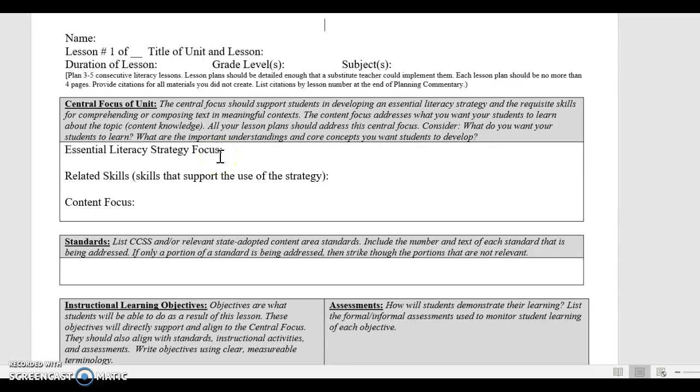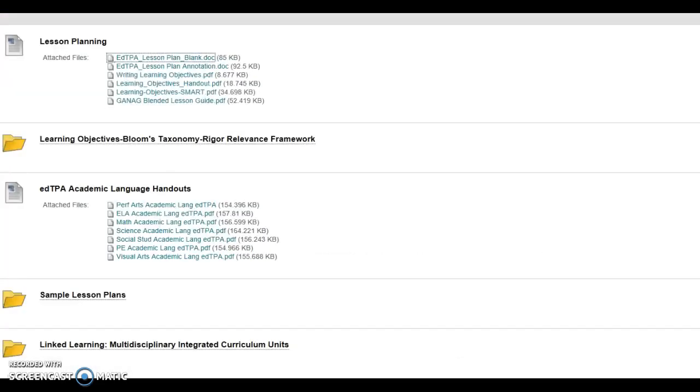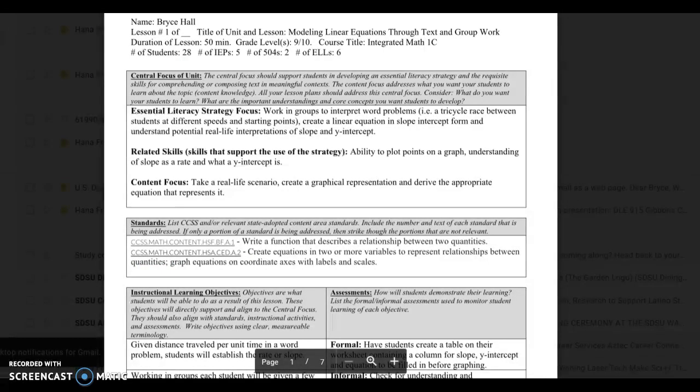I'll switch screens here to one. Here's a sample, sorry. This is one that I just recently did for my math methods class. For the essential literacy strategy focus, the goal was for my class to work in groups to interpret word problems, specifically a tricycle race between students at different speeds and starting points.